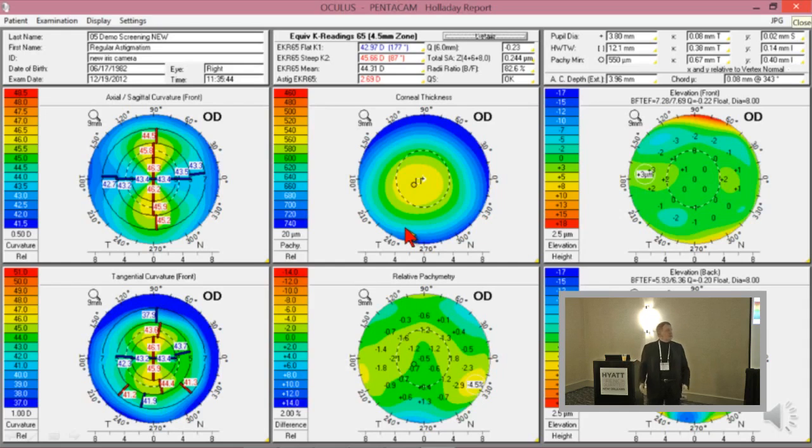Because what those measurements have done is they've taken into account the back surface astigmatism on the cornea. They've converted them to values called the EKR65, which eliminates the need to change them in a way that goes to any available formula that's currently available today.